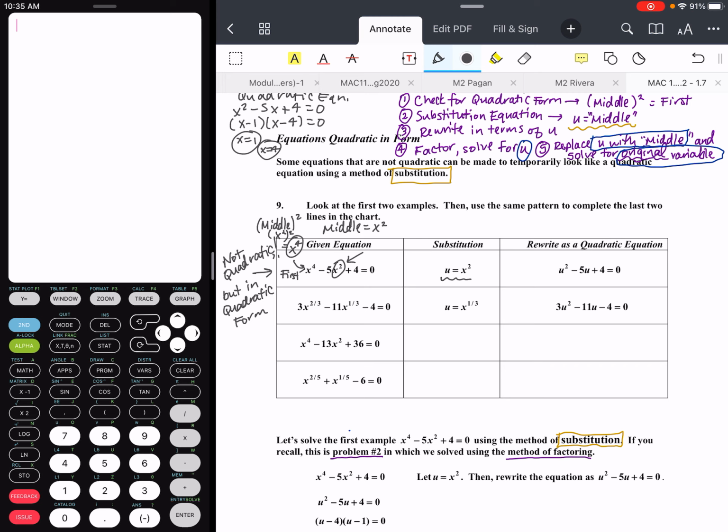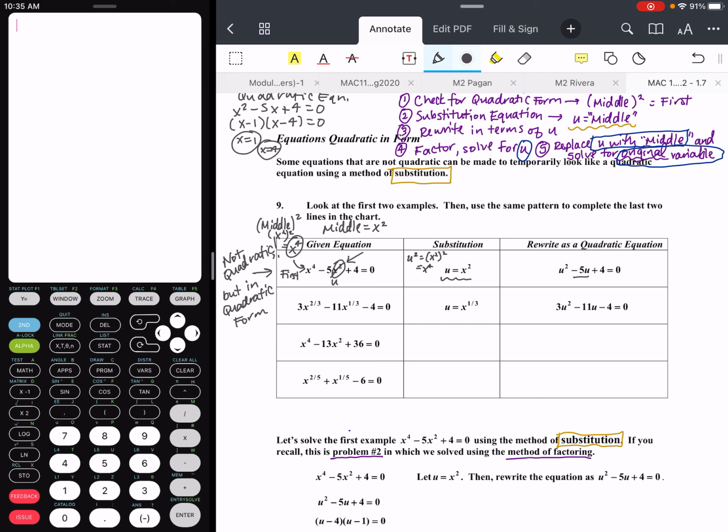The third step is we're going to rewrite the entire equation that we started with in terms of u. Keep in mind that if u equals x squared, I can replace x squared with u, right? So that's where this minus 5u comes from. If I were to square u, that would be the same thing as squaring x squared, which would give me x to the 4th.